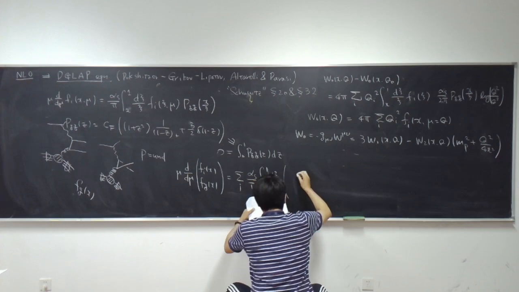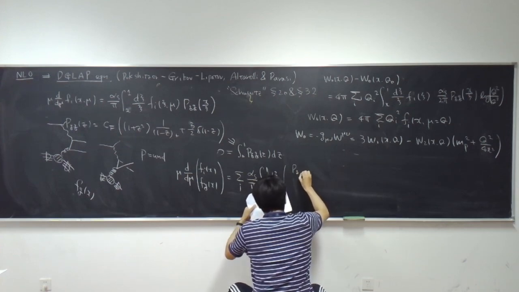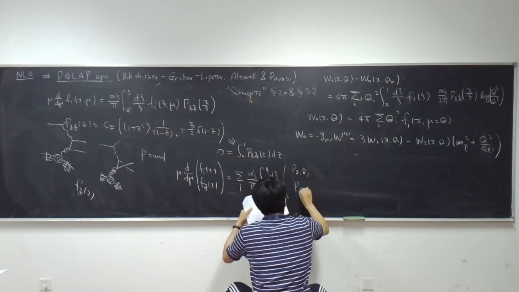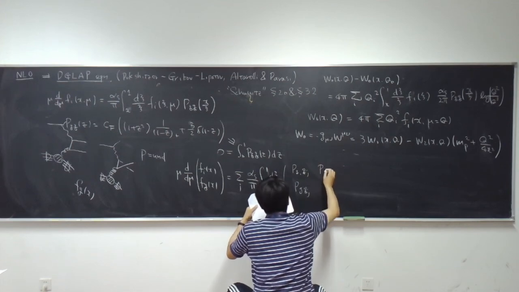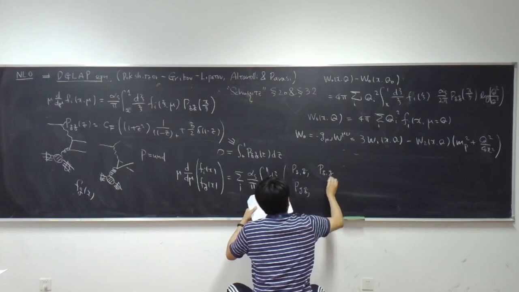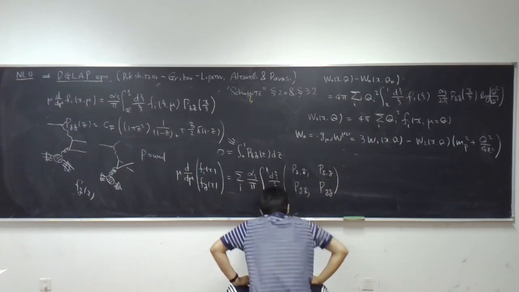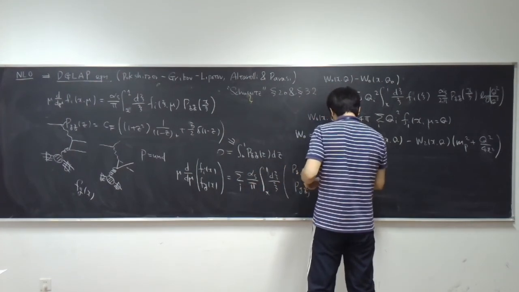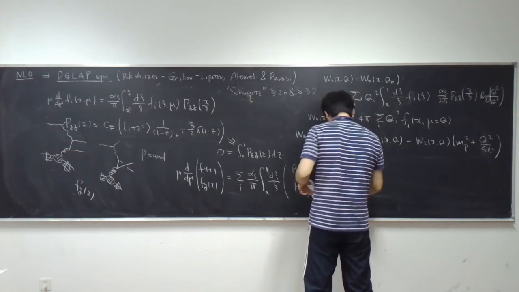There are lots of splitting functions: P_qiqj, P_gqj, P_qig, P_gg, and F_j and then F_g.